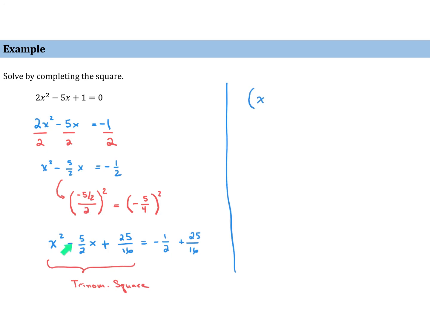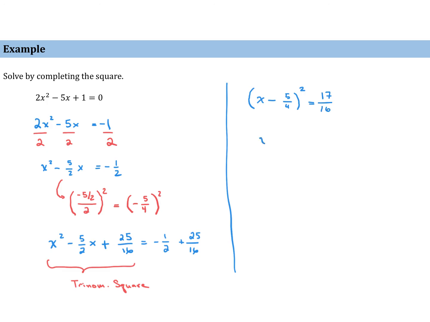We choose that middle sign, so minus, and 25 sixteenths is going to be broken down into 5 fourths. And that will equal, on the right-hand side, so negative 1/2 plus 25 sixteenths is going to be positive 17 sixteenths.